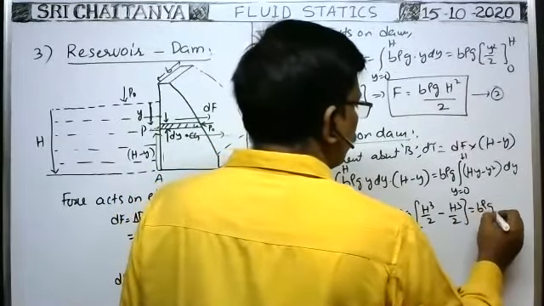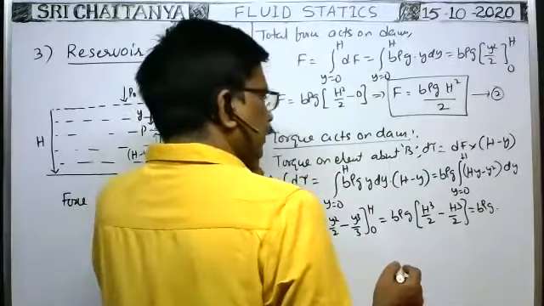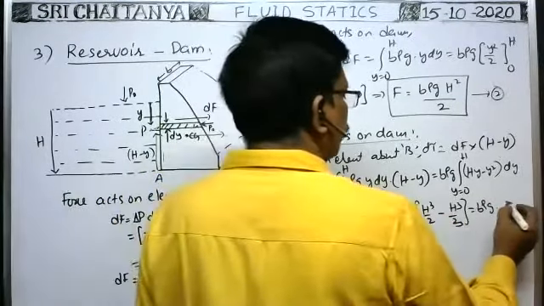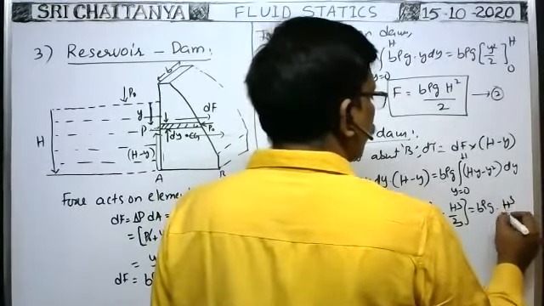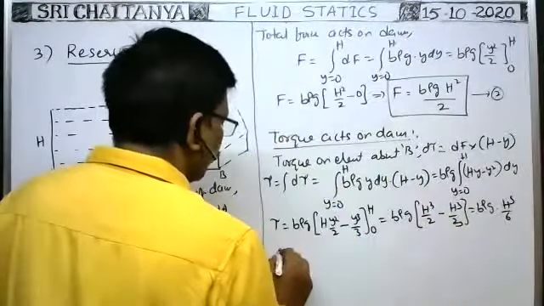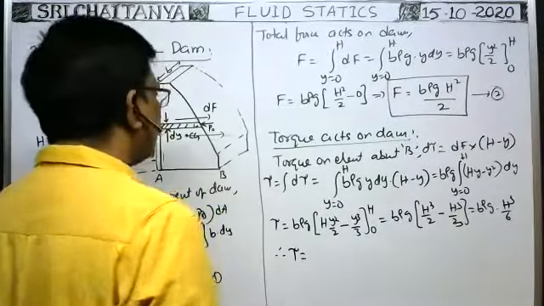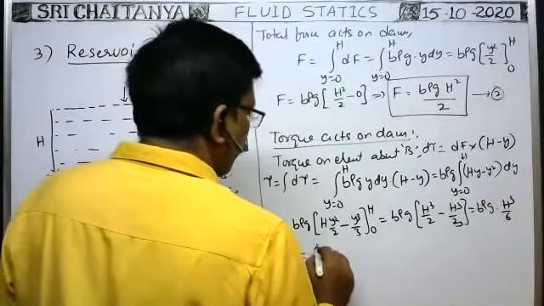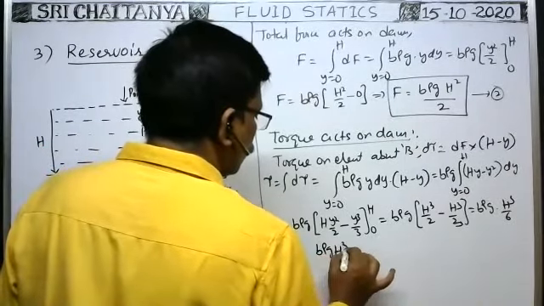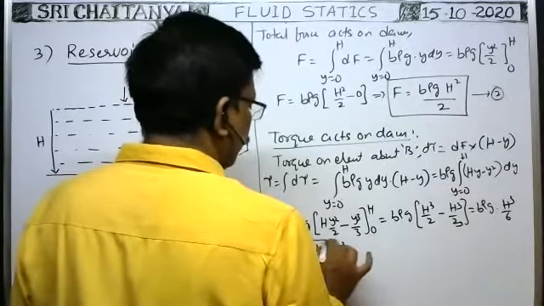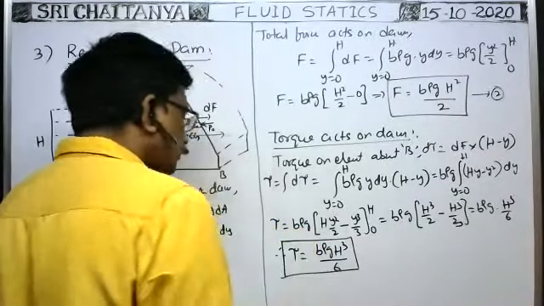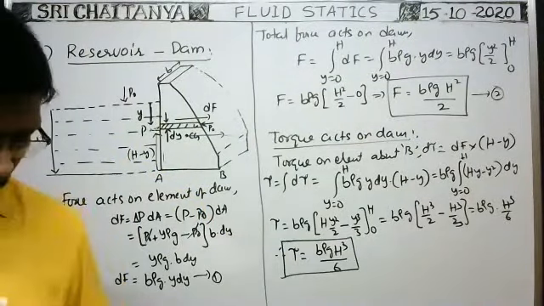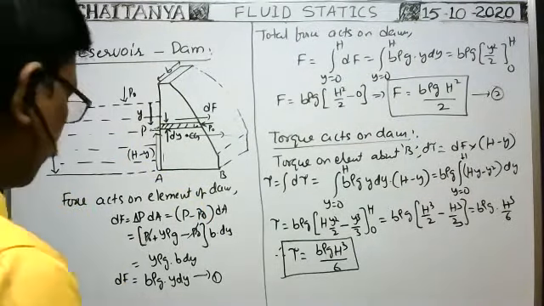When you take the LCM, you will get H cube by 6. Therefore, the net torque acting on the dam due to water in the reservoir about the point B is equal to B rho g H cube by 6. It is the net torque acting on the dam. Rho g b h cube by 6.